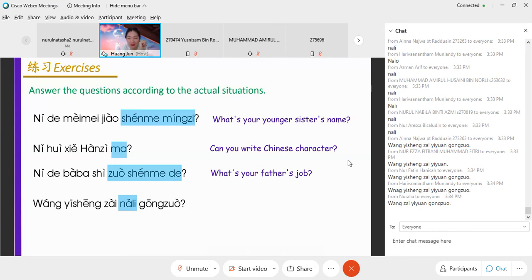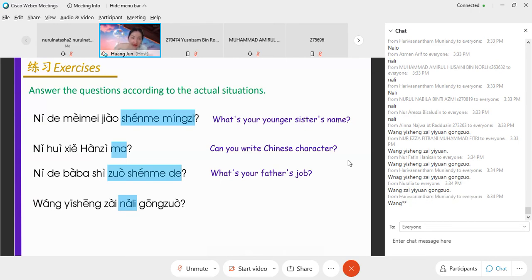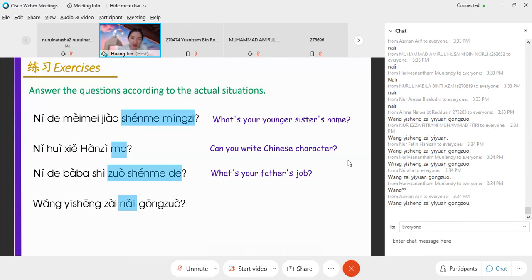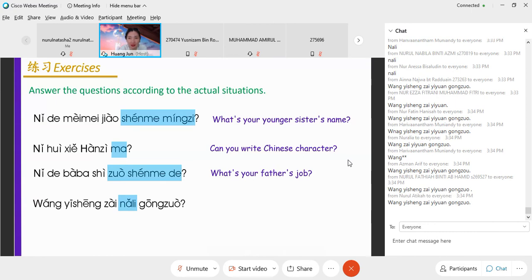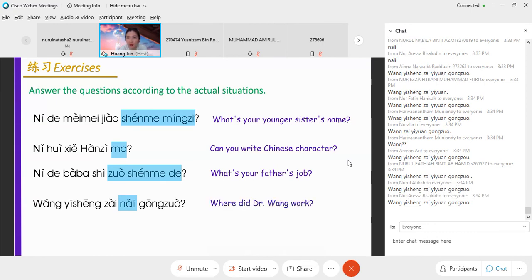I told you put your answer, replace the question word, then copy every word in your sentence. So correct answer should be 王医生在医院工作。Don't forget the word 工作 in your sentence. Okay you have to fully copy them.